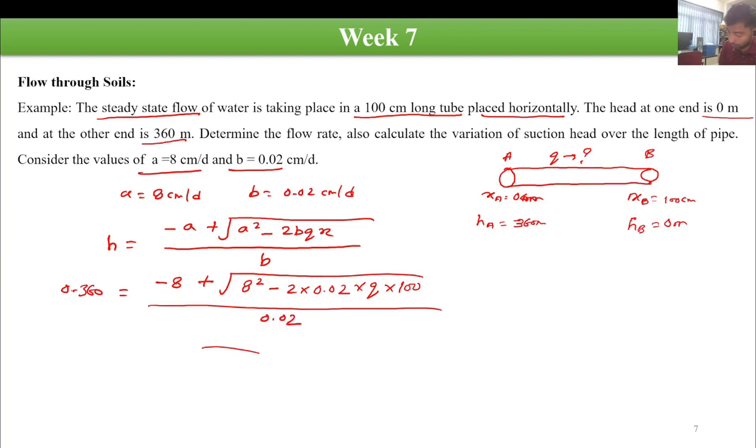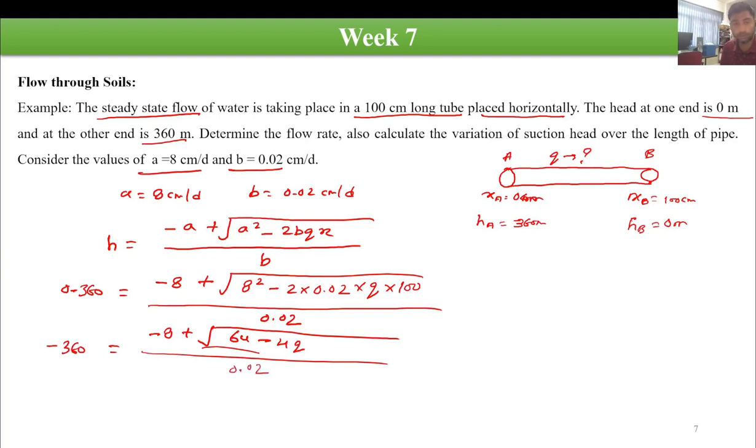If we solve it further, it will be minus 360 is equal to, in the numerator, minus 8 plus, inside the square root, 64 minus 2 into 0.02 multiplied by 100 and Q, divided by 0.02.